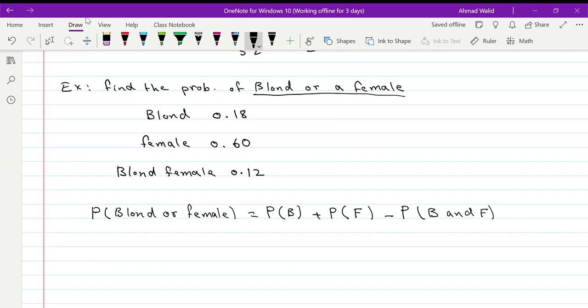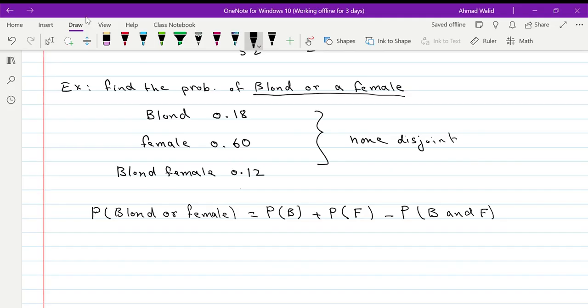Now it's time to think, is this a disjoint event or non-disjoint? This example is non-disjoint, right? Why? Because someone can be both. You can be a female and also a blonde, right? It's both. That's why it's non-disjoint.